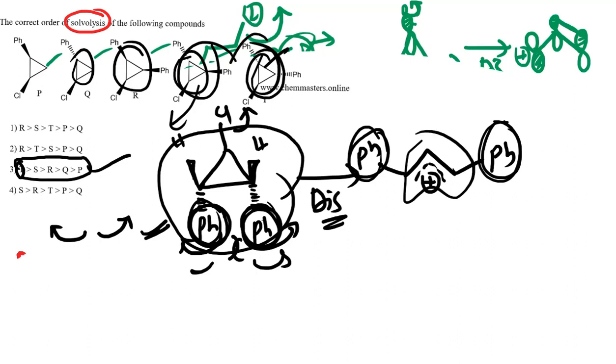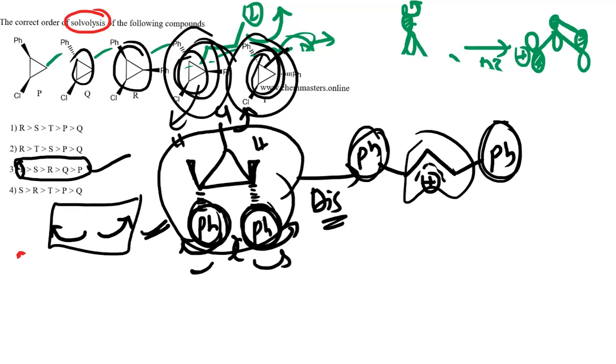But when you observe these trisubstituted cyclopropane rings, we need to follow this kind of disrotation, and from that you can say that the rate of solvolysis is highest for the compound T. Thank you very much.